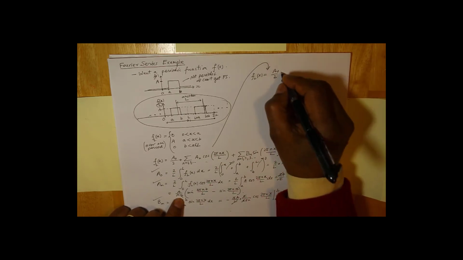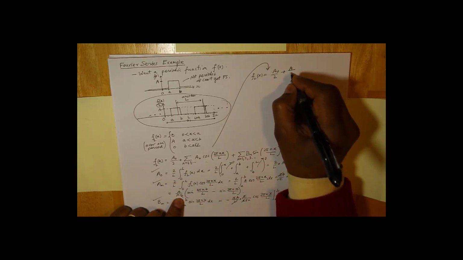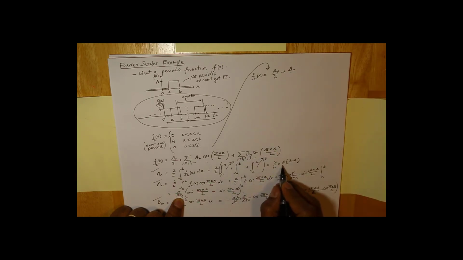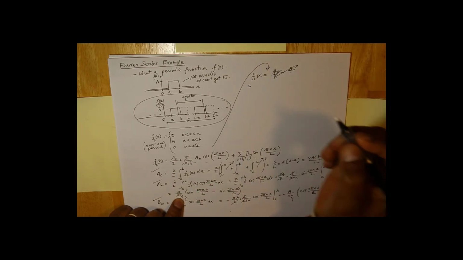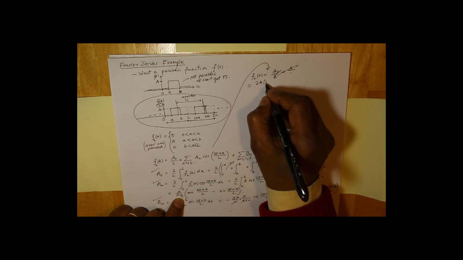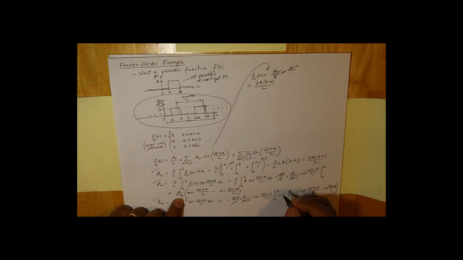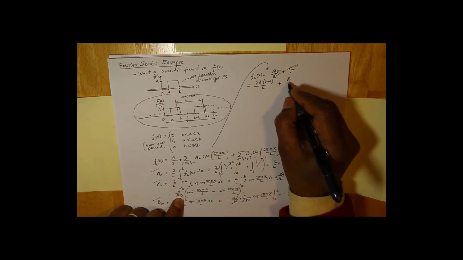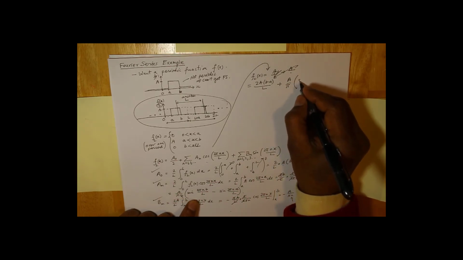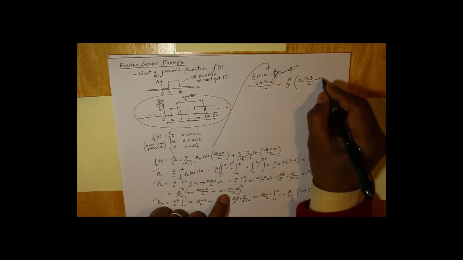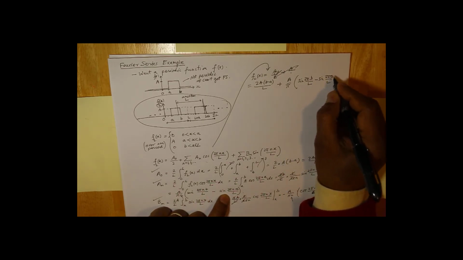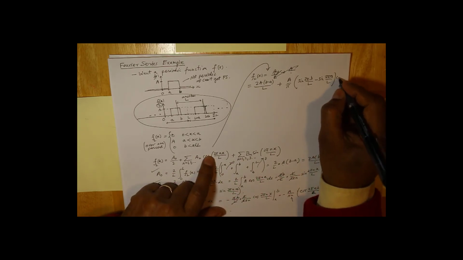So n equals 1 will be A over, A0 is 2ab minus a over L. So let's write that down: 2ab minus a over L, and this will be plus a over pi, and I have a sine 2 pi b over L minus sine 2 pi a over L times cosine 2 pi x over L.